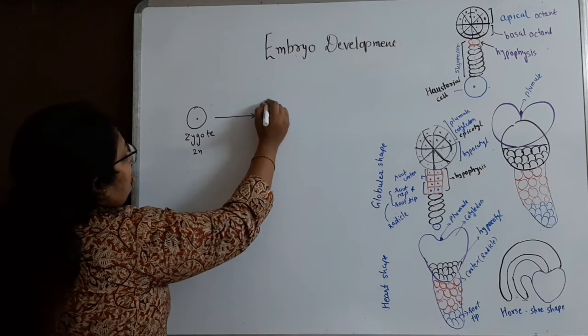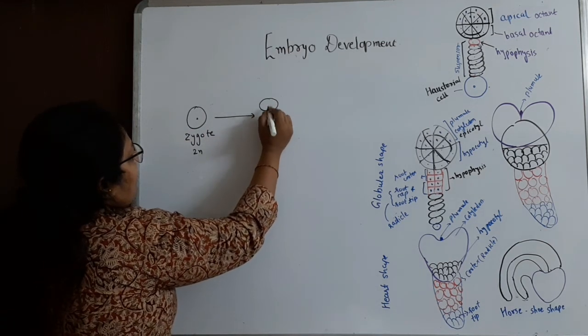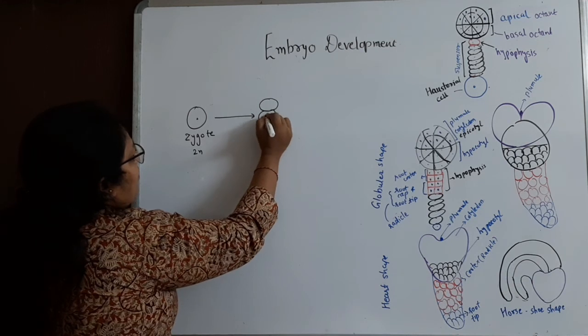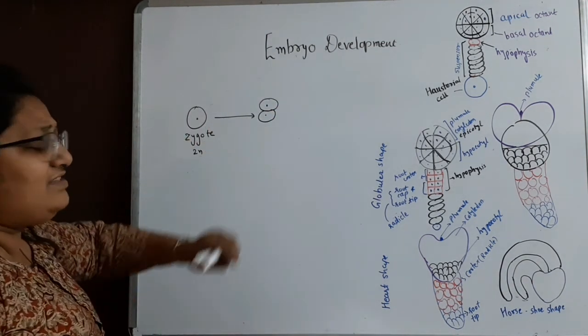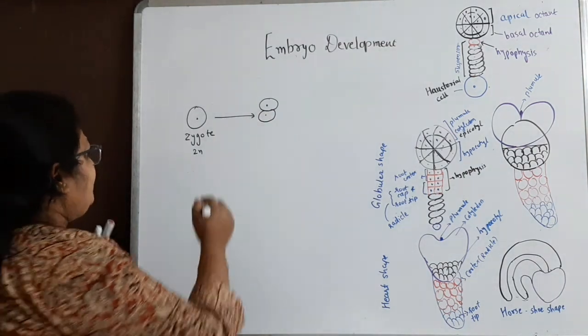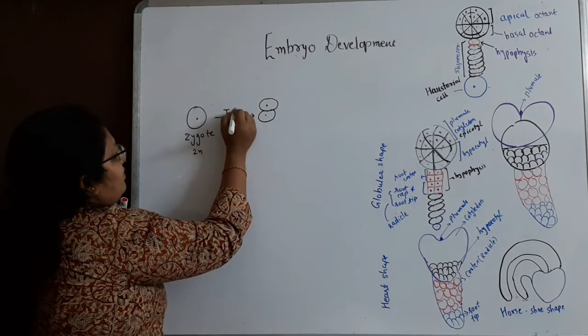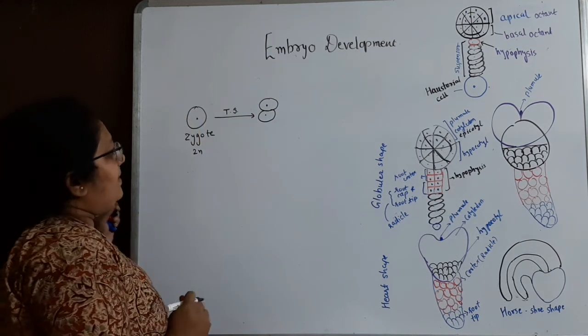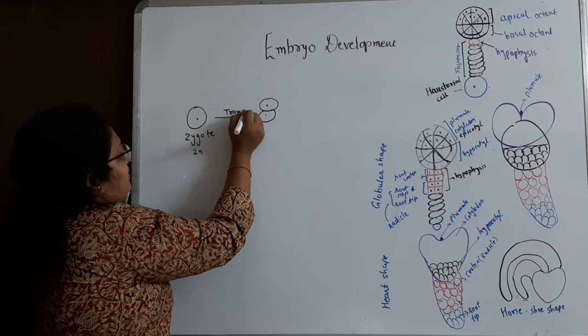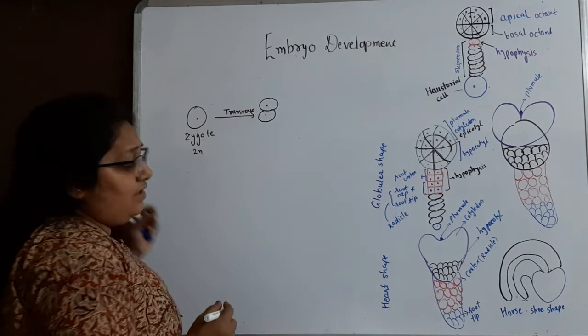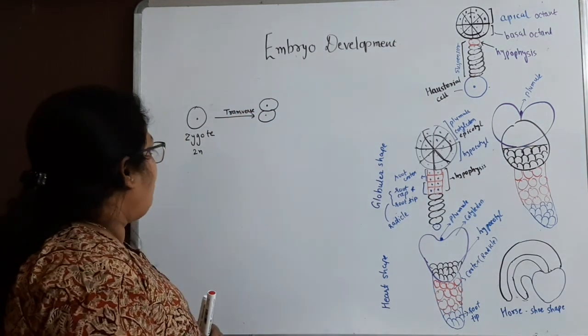It divides transversely and forms two cells, right? So the first division is transverse, and two cells are formed.